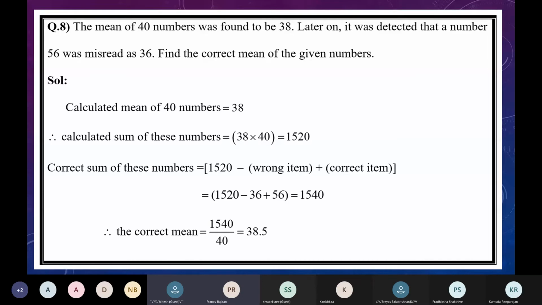The correct mean will be the correct sum 1540 divided by 40. Ma'am, I can't understand why did you divide it with 40, ma'am? What do you think it should be then? Tell me what you feel, only then I can understand what your doubt is. How do we find mean? Sum of the observations by number of observations.